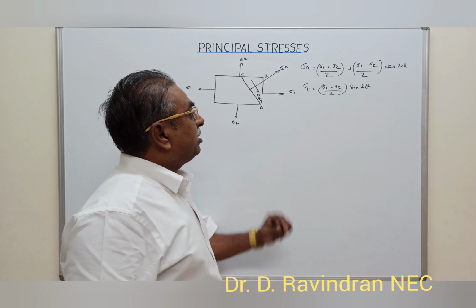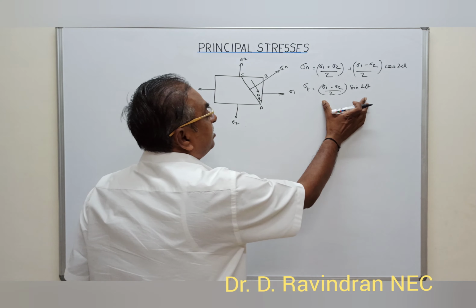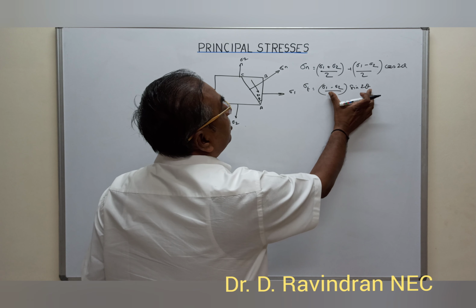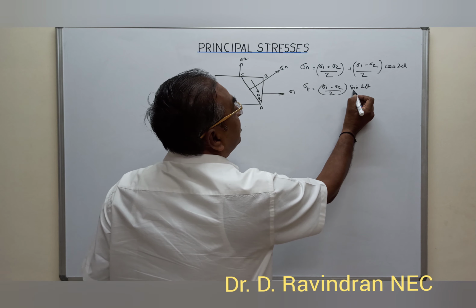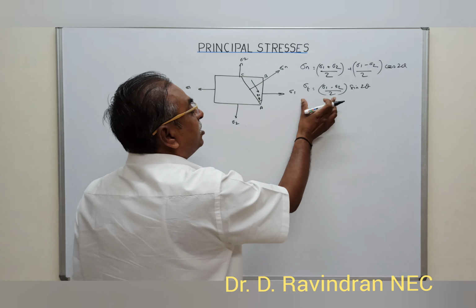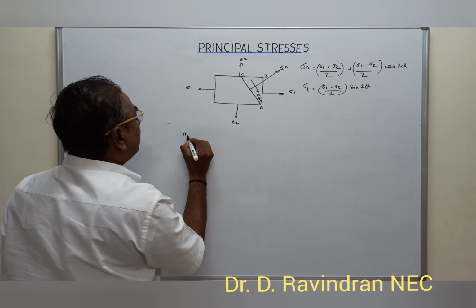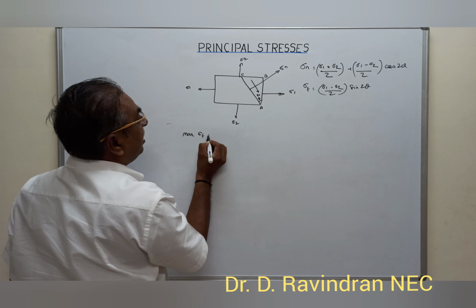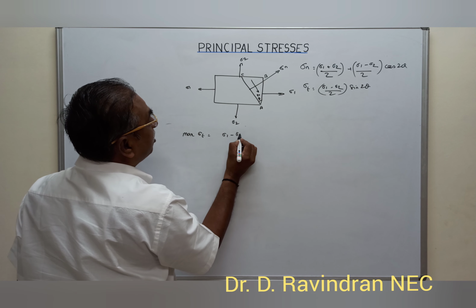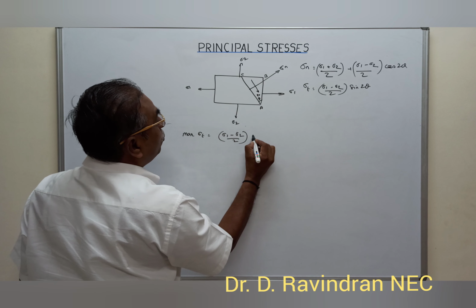Now this sigma t will be maximum when this term is maximum. When sin 2 theta is equal to 1, this will be the maximum. So maximum tangential stress sigma t will be equal to sigma 1 minus sigma 2 by 2 into 1.